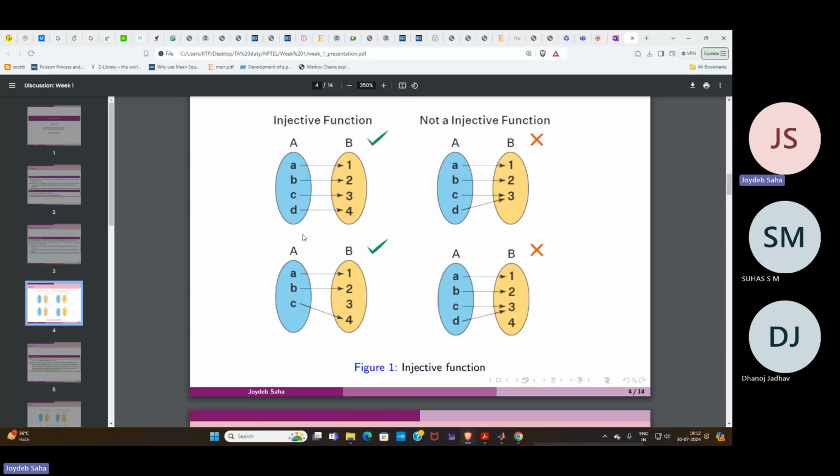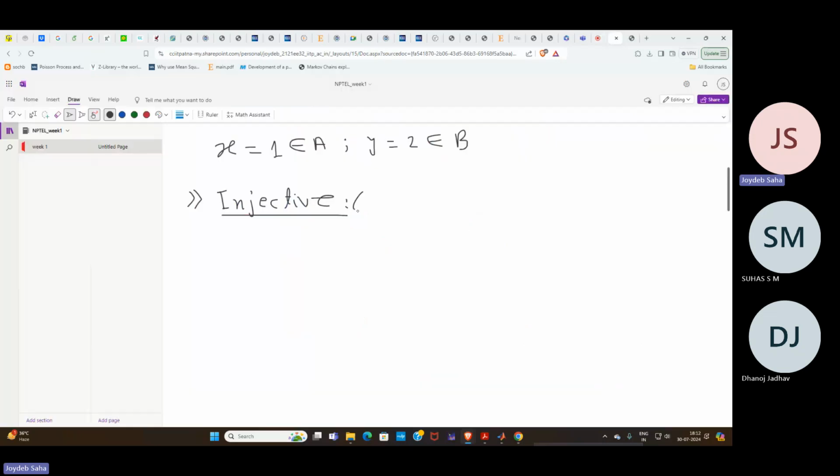But where the confusion arises, sometimes students say that if there is no pre-image then it will not be an injective function. Not like that. There may be some elements which do not have any pre-image, but if two elements have same image, in that case it will not be injective, right? So injective, that's why we call it one to one also.